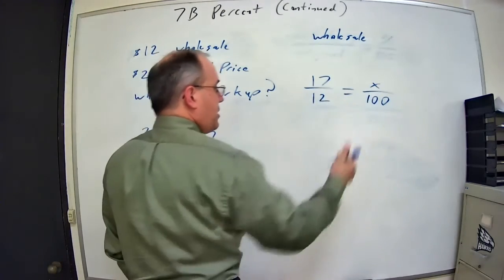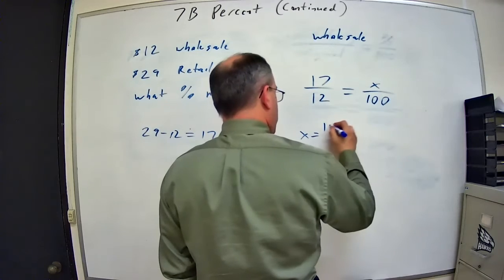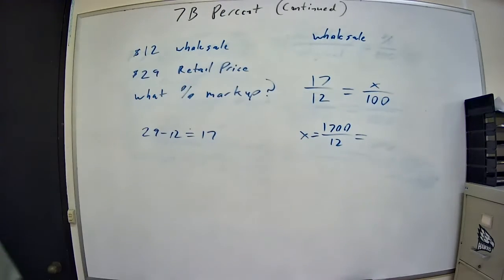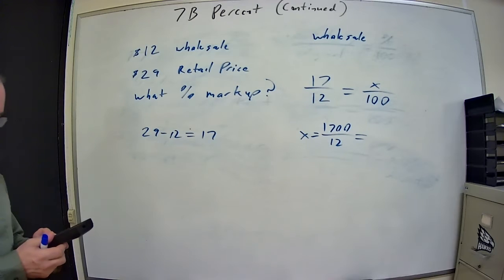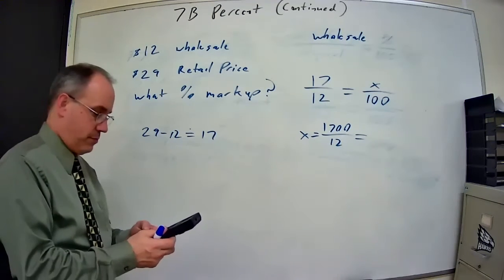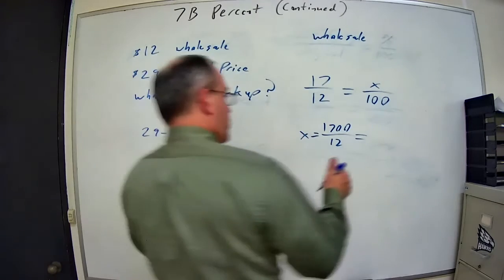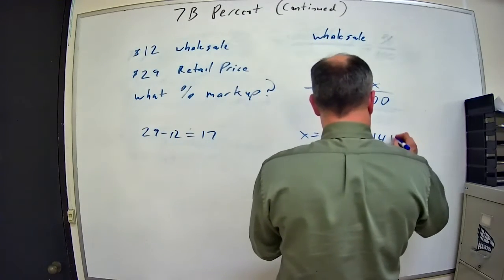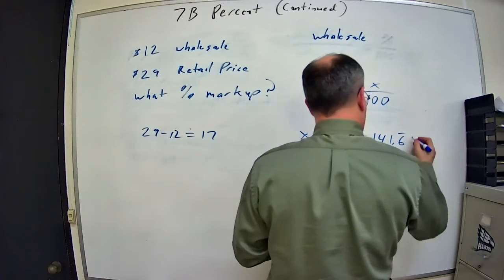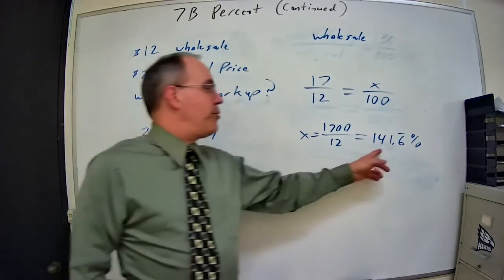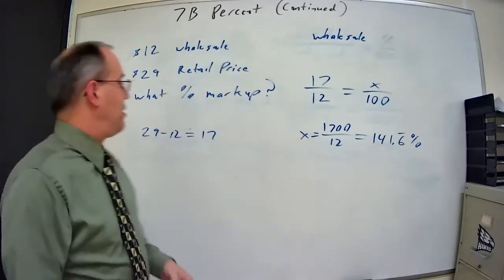So again, 17 times 100, x is equal to 1700 divided by 12. 1700 divided by 12 is 141.6 repeating percent, or 141 2/3%.